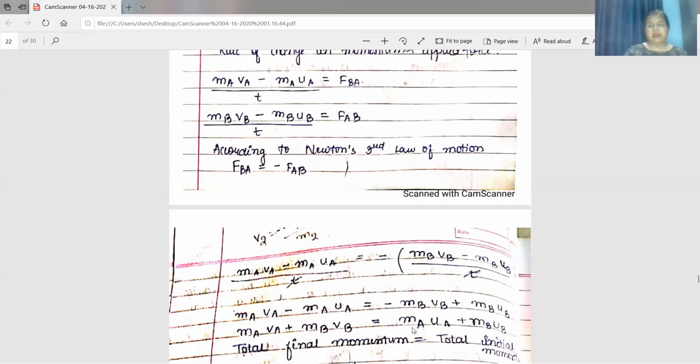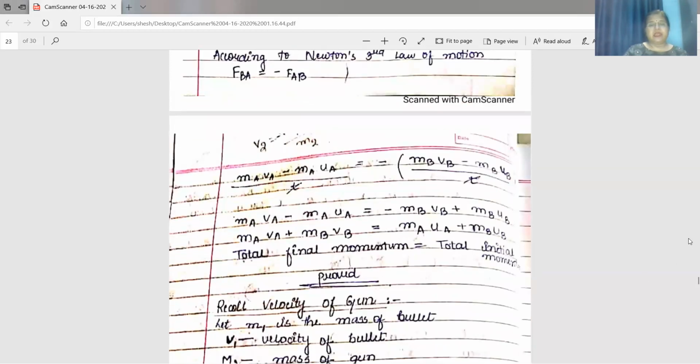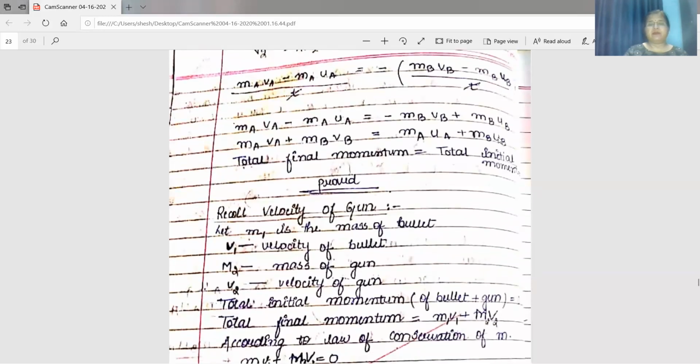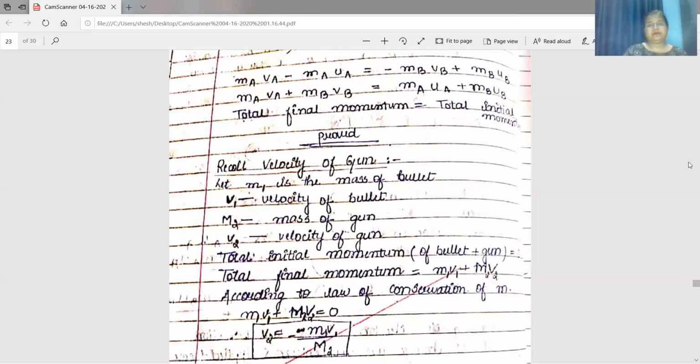So mAvA plus mBvB will be equal to mAuA plus mBuB. What does it mean? It is the total initial momentum, and this is the total final momentum. So total final momentum will be equal to total initial momentum. You have proved it. This is the law of conservation of momentum. Go through it once more. If you have any doubt, you can write in chat.